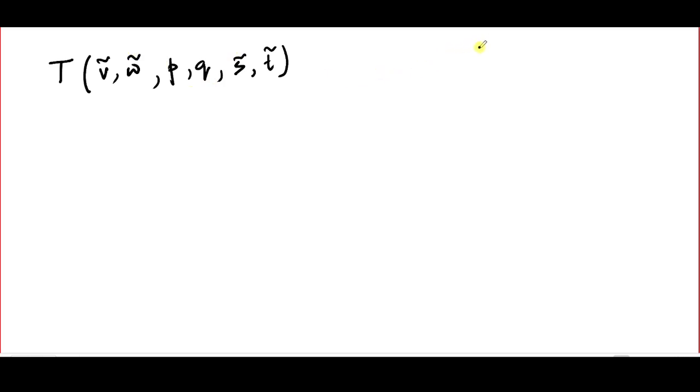Now notice that each one of these actually are written in terms of some basis vectors, and that's why we have components. So when you say P has components P1, P2, P3, etc. up to Pd, what you really mean is the vector P is P1 E1 plus P2 E2 all the way up to Pd Ed, where E1, E2 up to Ed are d vectors which form the basis of a vector space.